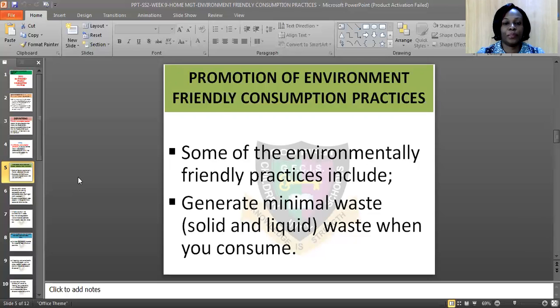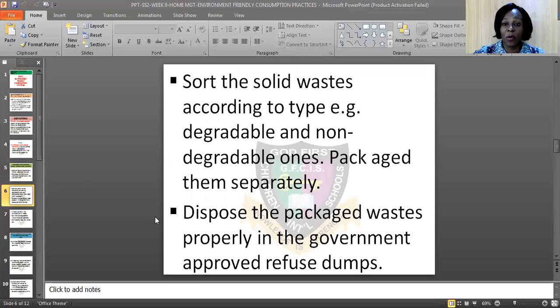All right, let's go on as we look at some more of the promotion, how you can promote these environment-friendly consumption practices. Another point is that you sort the solid waste according to type, e.g., degradable and non-degradable ones.